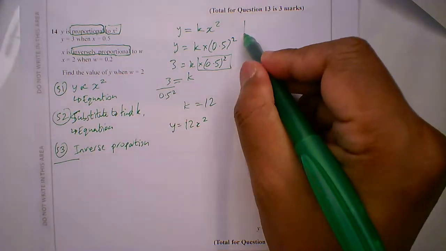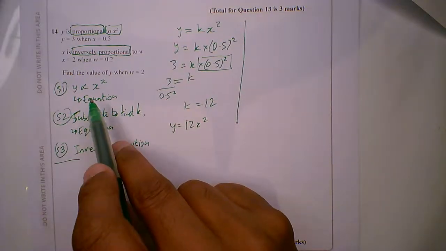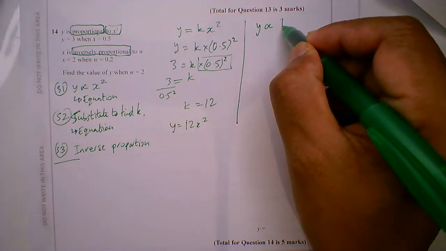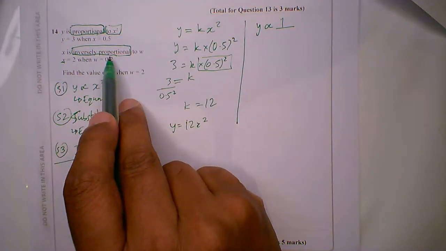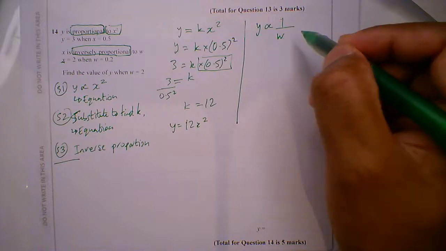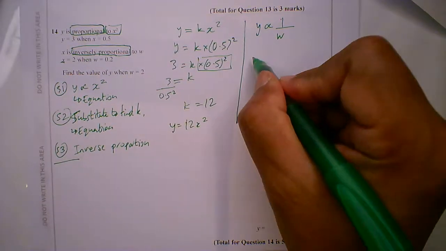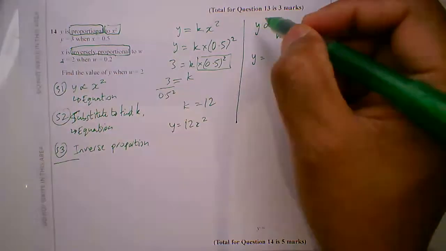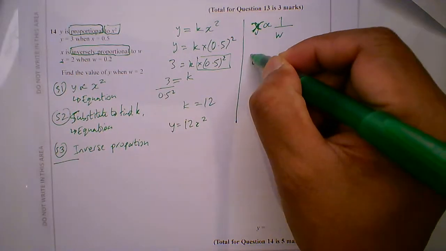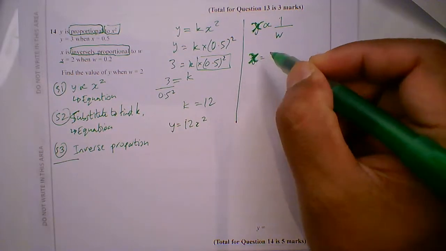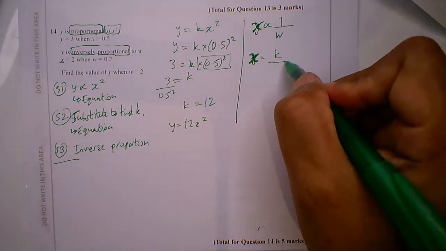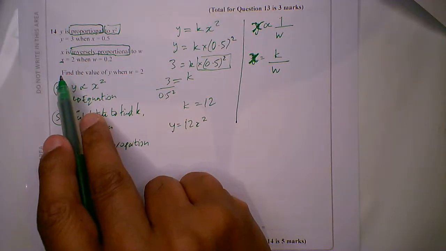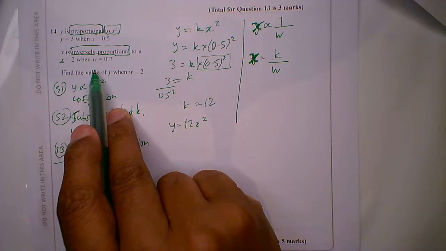Okay, now inverse proportion, similar to this. So inverse proportion is y is 1 over x, and x is inversely proportional to w. So now we can change that to an equation. x, not y, x equals k over w. x equals 2 when w equals that.